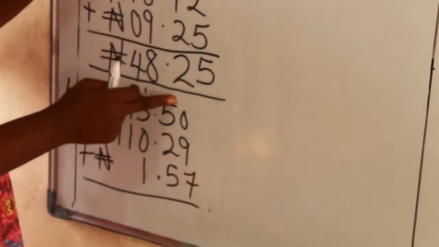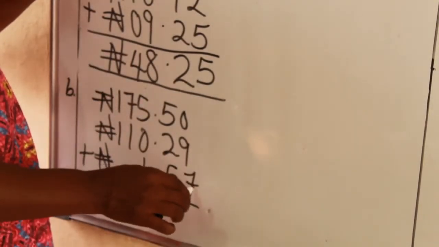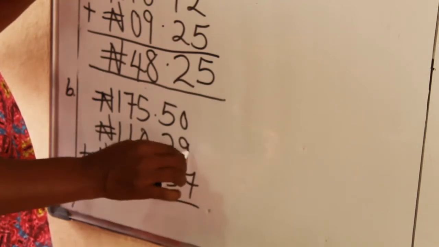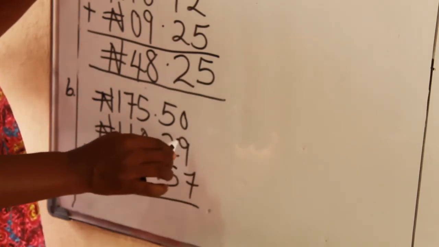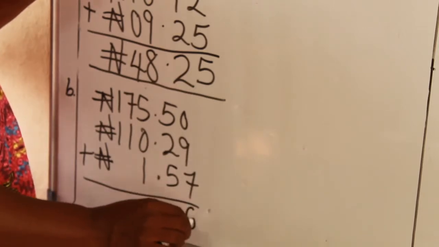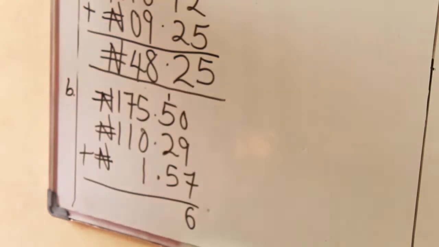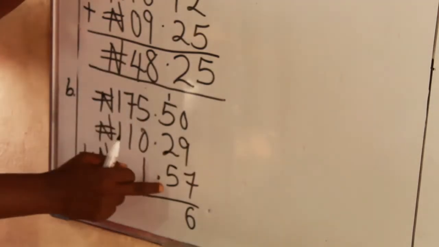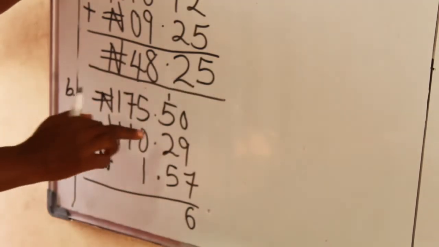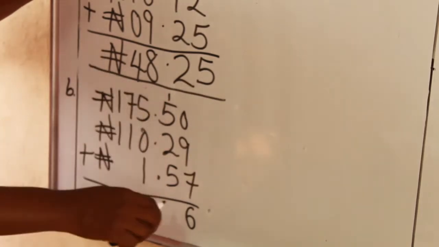We'll add up this. 9, when you take 1 out here from 7 and add to 9, it becomes what? 10. 10 plus 6 is 16. Write 6 and move your 1 to this line. 5 plus 5, 10. 10 plus 2, 12. 12 plus 1, 13.